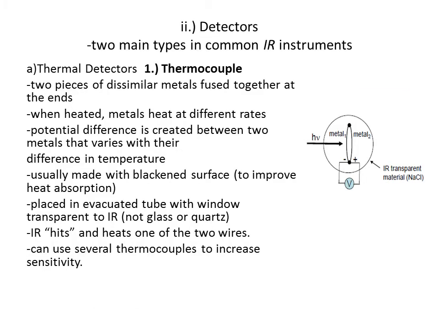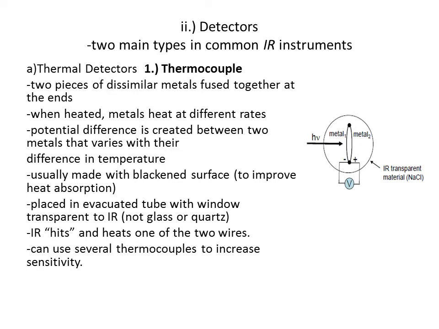The detectors. There are two main types in common IR instruments. First we will discuss thermal detectors, then we'll move to the other type. Thermal detectors, the first one is the thermocouple. We already discussed thermocouples in transducers. Two pieces of dissimilar metals are fused together at the ends, then heated at different rates, and a potential difference is created between the two metals that varies with the difference in temperature.